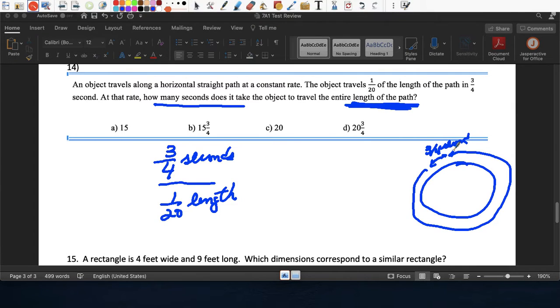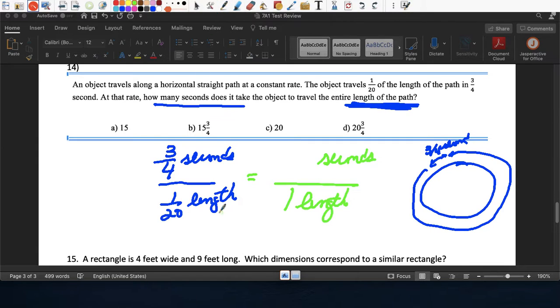Maybe that'll help. So this is a unit rate question, believe it or not. To go one full length, one full lap, how many seconds would it take? So we're looking for that, and that would be the setup. Let me erase the question mark.